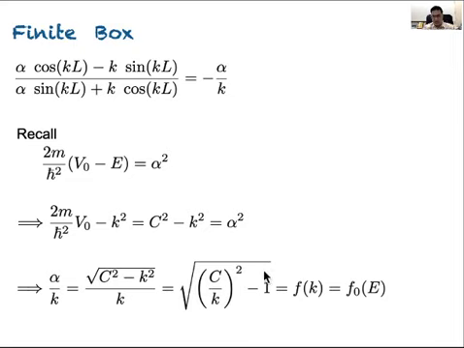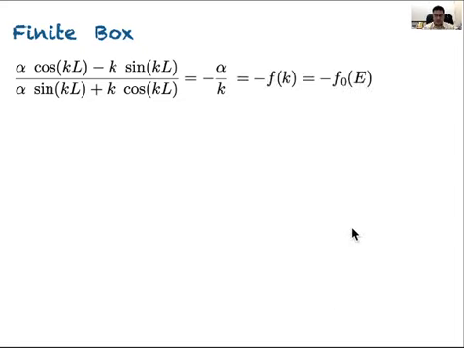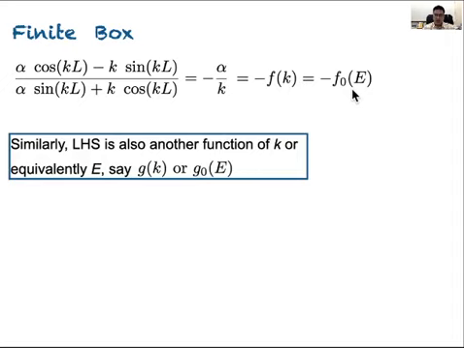Now this quantity we can call f of k, or more precisely f of E. So we have rewritten this alpha over k, which we now call f of k. The expression of f of k is given in the previous slide. So this is one equation.